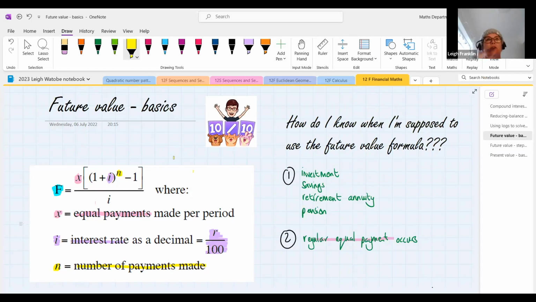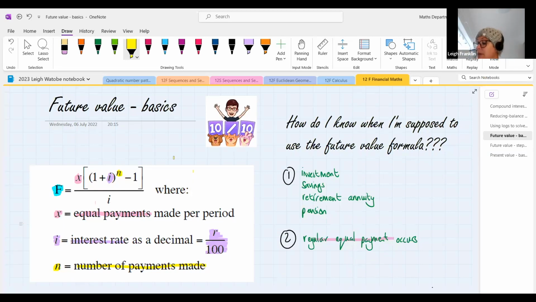So there is a link to time there, but you will see that in some examples on Tuesday next week, not now. So N represents the number of payments that are going to be made.